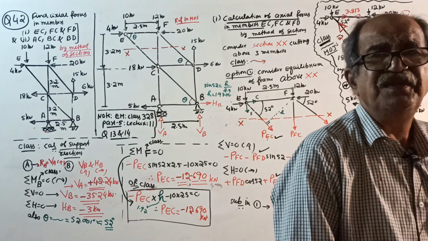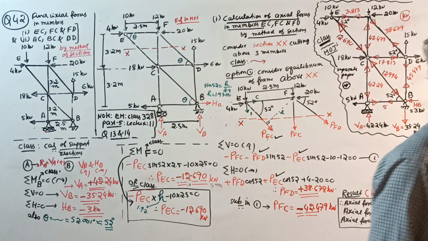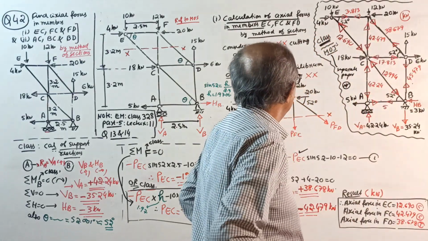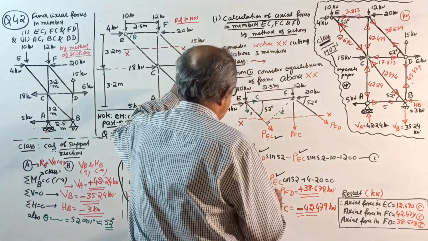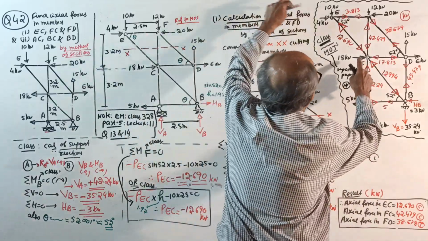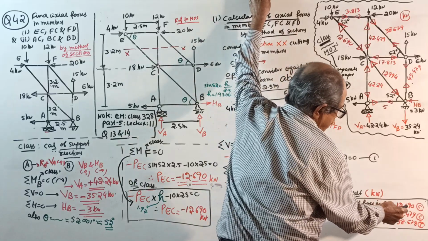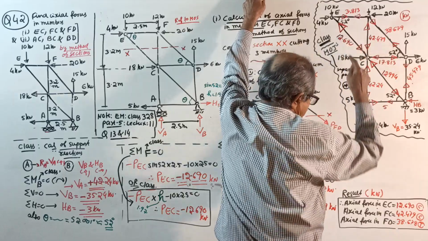See, so easy. Some will tell students, it is easy for you, sir. What about us? Okay, now do one thing. Checking answer. See now. Force in EC. What answer you got? We got 12.690 compression. Yes.